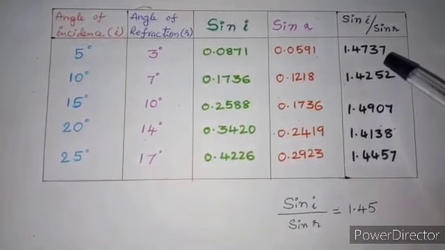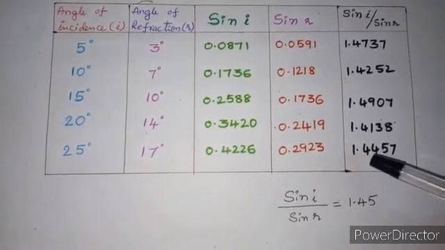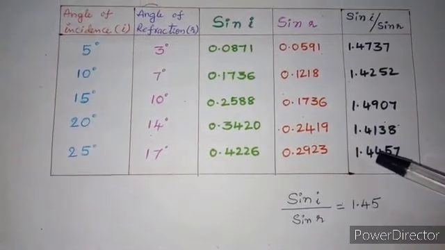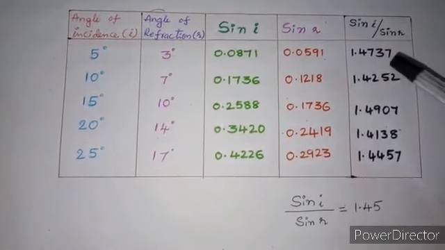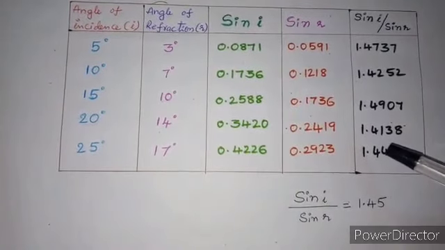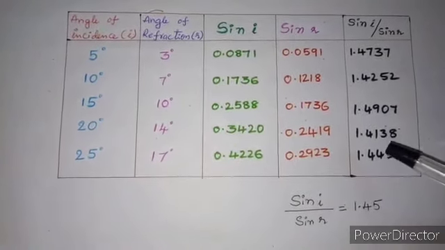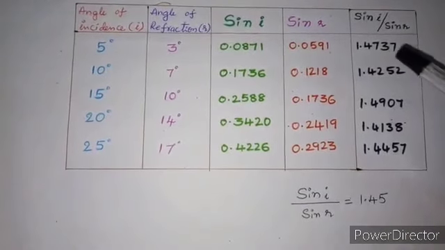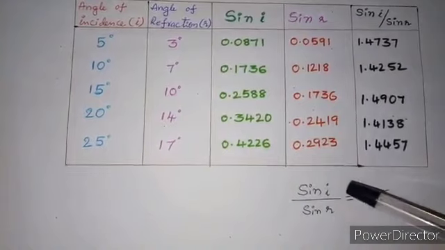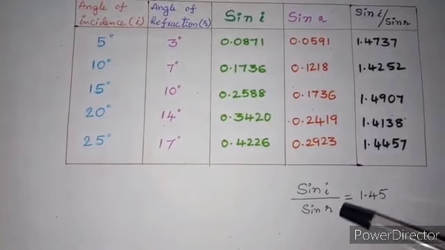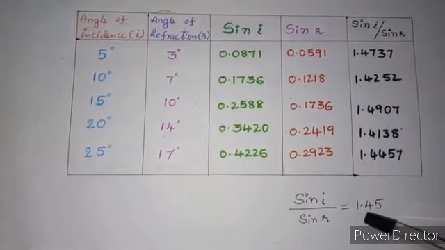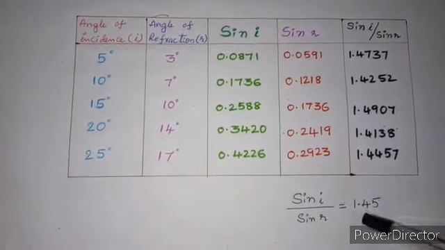If you observe, all these values are almost equal to 1.4. This constant value denotes the refractive index of the material of the glass disc. If we take the average of all the sin i by sin r values, we get 1.45. So this value denotes the refractive index.